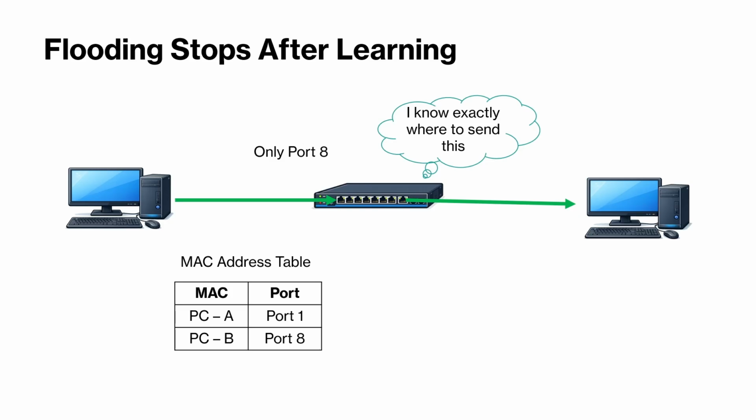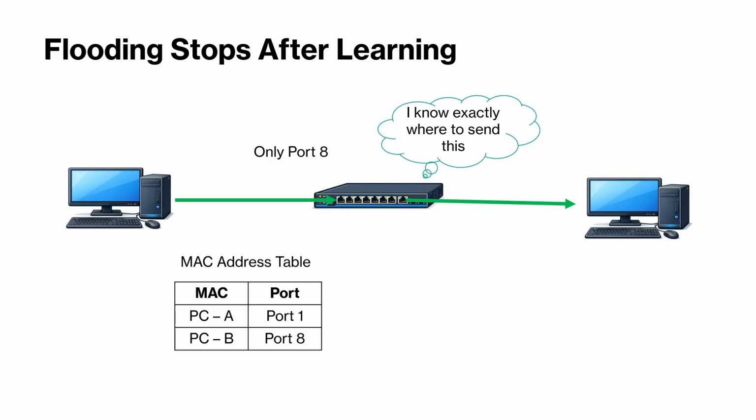PCB receives it and replies. When the reply enters, the switch learns PCB's MAC address and the port it came from. Now the table contains both devices. So future frames are forwarded directly to the correct port, and flooding is no longer needed for that destination. Nothing magical, just consistent rules.